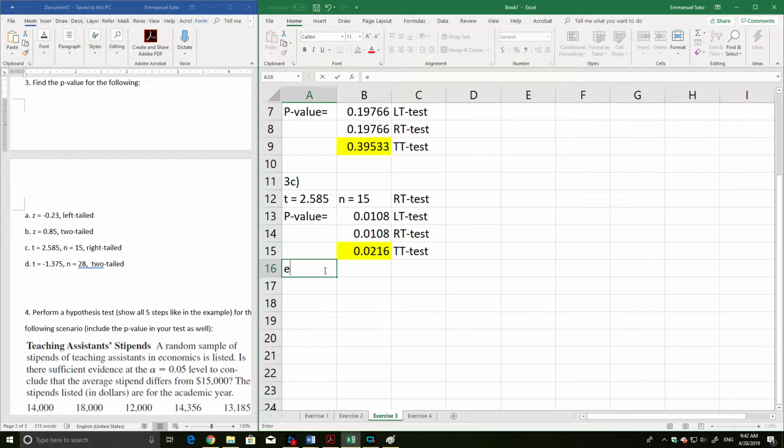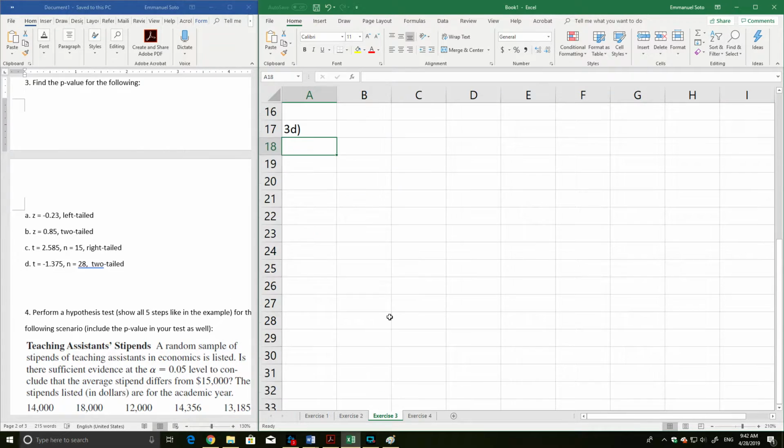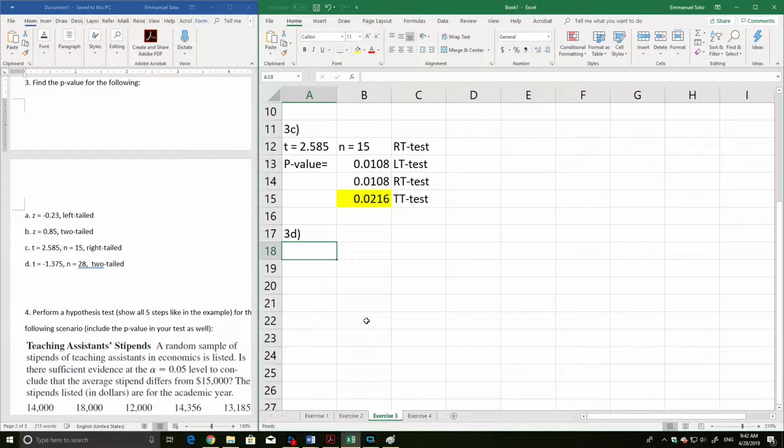All right, if we look at 3D, we have a t-value of negative 1.375, n equals 28, and two-tailed. All right, so then we want to do the p-value.